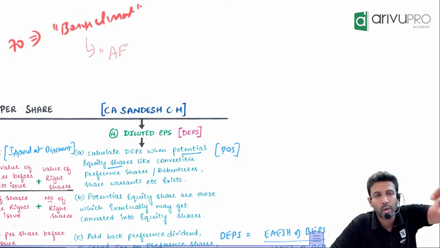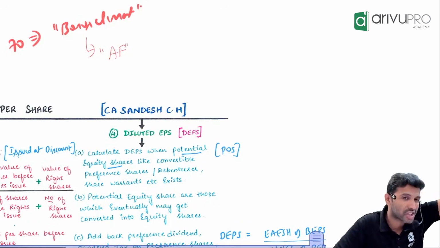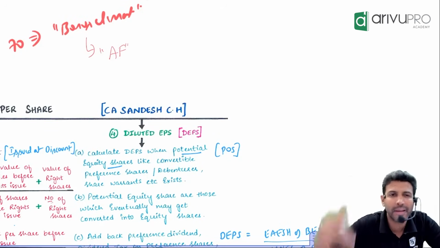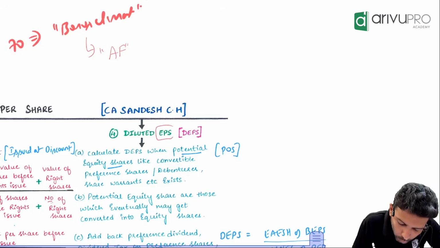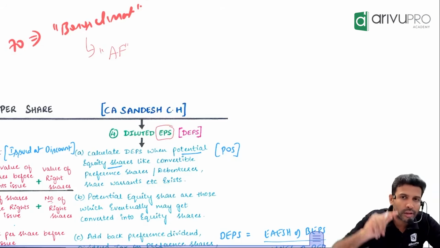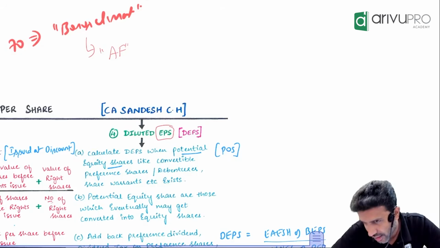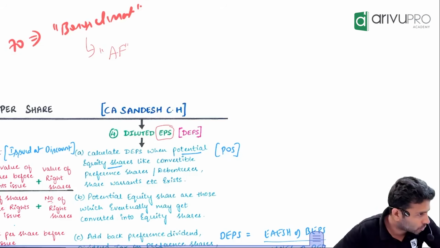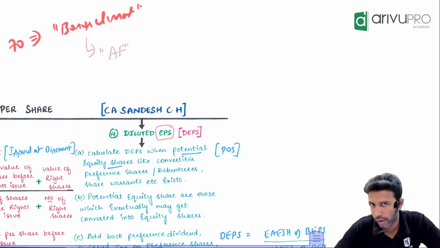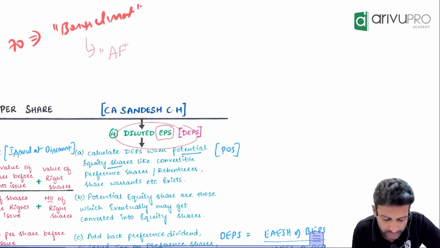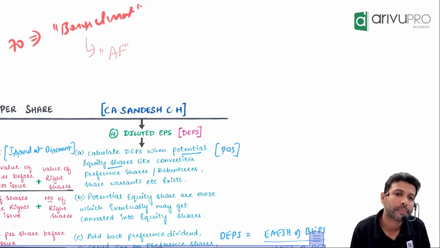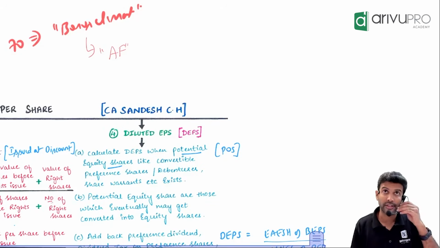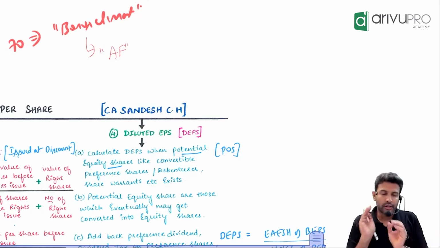The word dilution means reduction. We are talking about dilution of what? EPS. So if an EPS reduces due to a certain factor or due to some elements, that only we are calling it as what? Diluted EPS. Why will EPS reduce, sir?